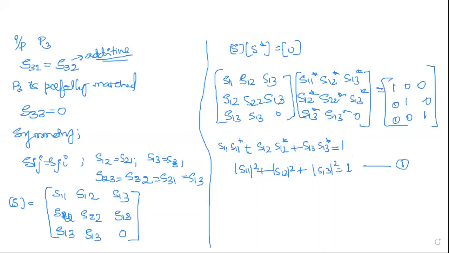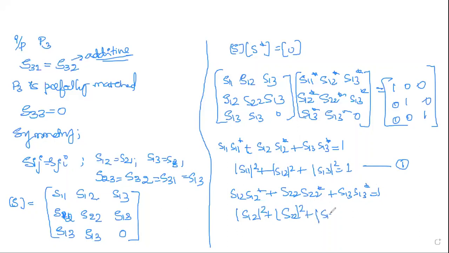Again, consider second row, second column. So you'll have the equation S12 into S12 star plus S22 into S22 star plus S13 into S13 star, which is equal to 1. Again, this will be S12 square plus S22 square plus S13 square is equal to 1. This is your second equation.